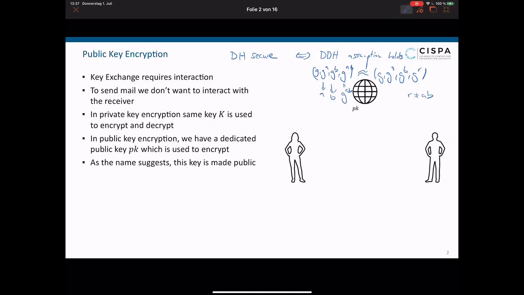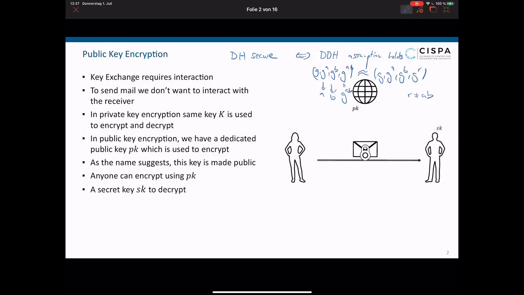So if I want to be able to receive encrypted messages, what I'm going to do is take my public key and put it onto my homepage. Now, what can we do? Let's say Alice wants to send me an encrypted message. That is, she takes the public key, encrypts this message, or this email, and sends it encrypted to me.